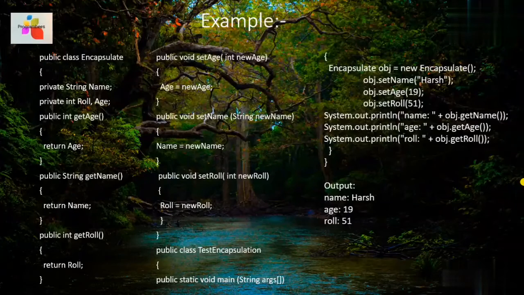Now the previous age is replaced by the new age, name replaced by the new name, roll replaced by the new roll. Now in the main method, we can create the obj object for the Encapsulate class, and then call set name, set age and set roll number with the help of obj and the dot operator, passing the parameters Harsh, 19, 51. So if we write the print statement for get name, get age and get roll number, then we find the name as Harsh, age as 19, roll as 51. In this way the encapsulation works in the coding segments.